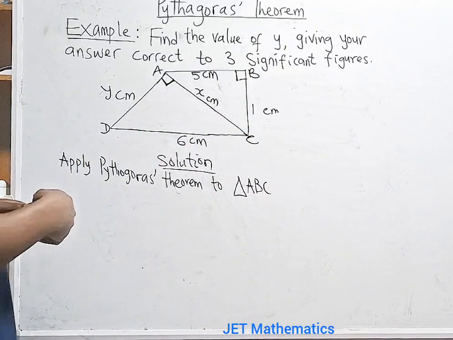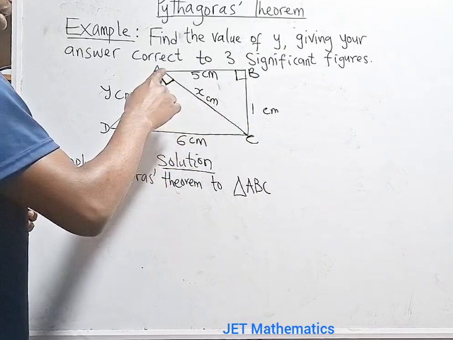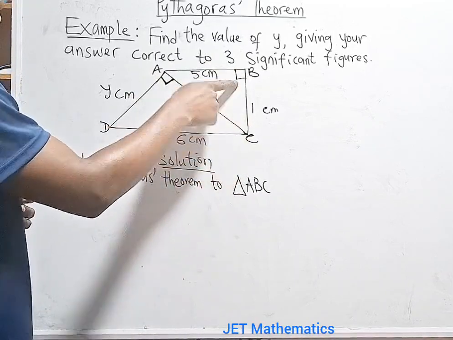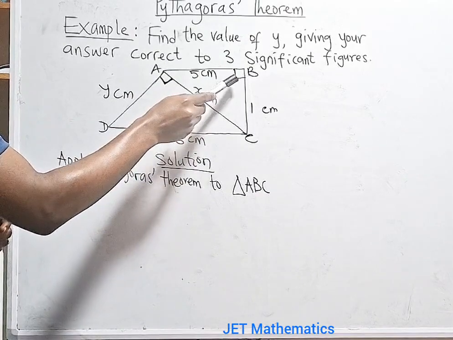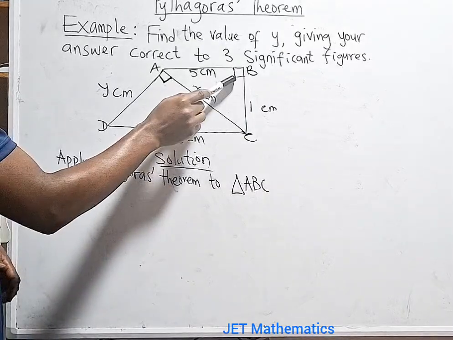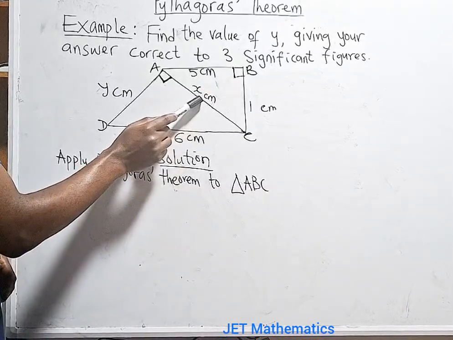Okay, so we are going to find the hypotenuse. So we are looking at this triangle ABC. This is the right angle of this triangle, and the hypotenuse is the side opposite the right angle.